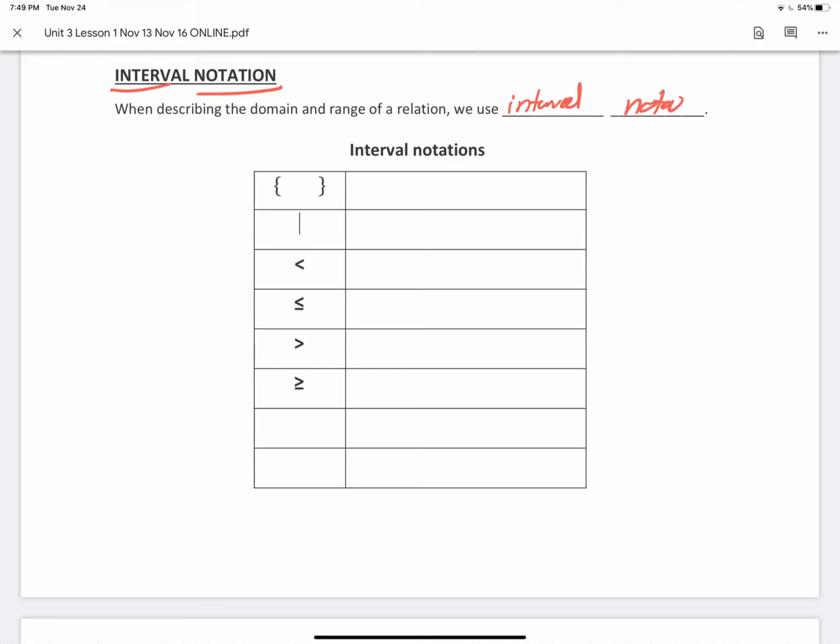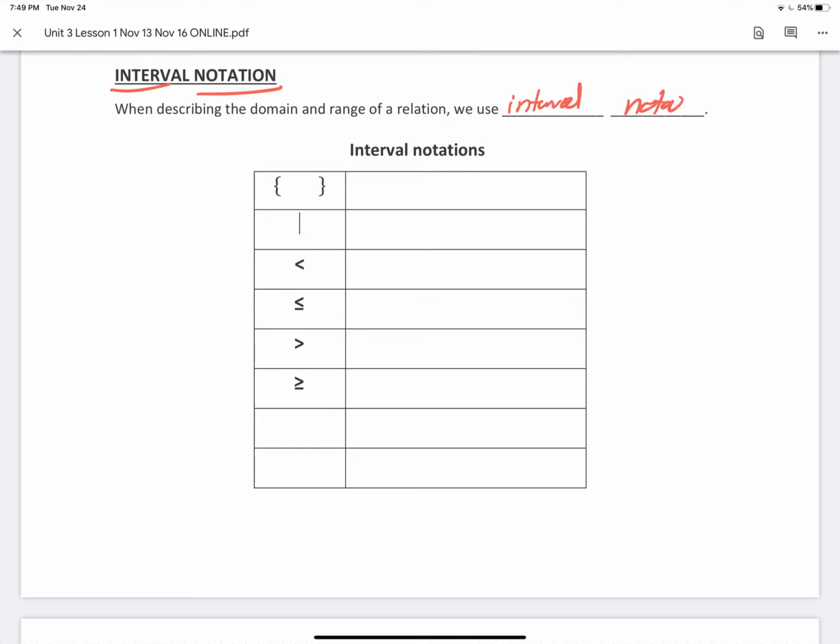Usually this is known as "such that." This is less than. This is, well, I'm going to say LT, less than, and equal to. This is greater than, we'll call this GT, and this one would be GT and equal to.